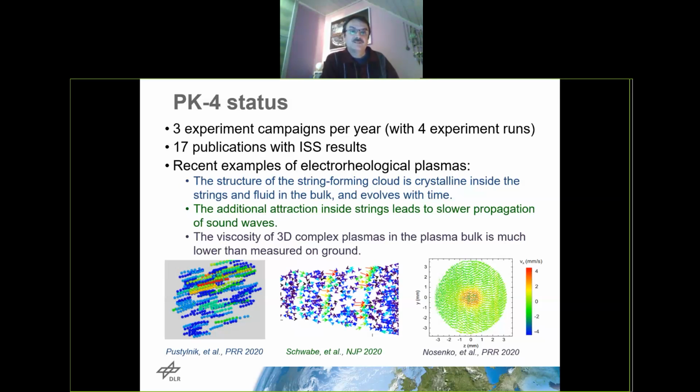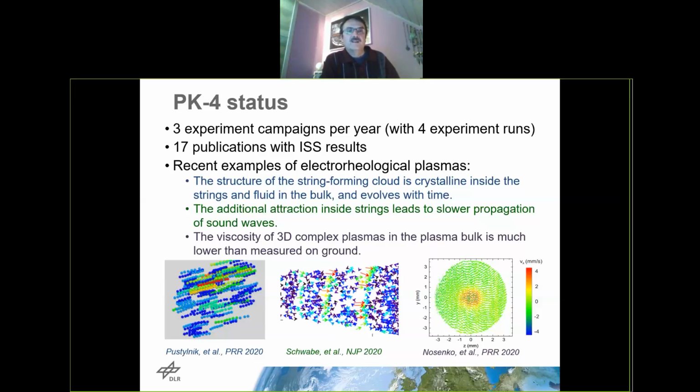Recent examples are so-called electrorheological plasmas. John discussed recent results from PK-4. We were using an AC electric field, which was producing a so-called electric field.